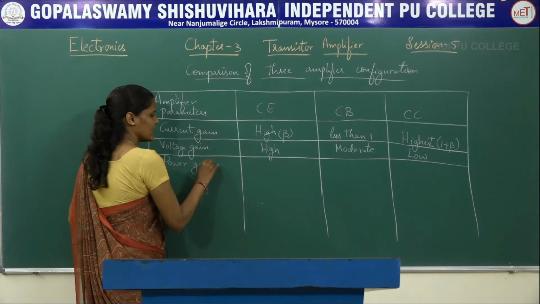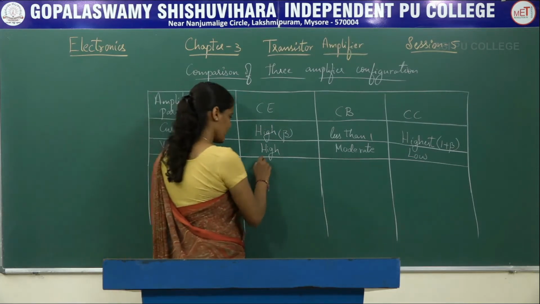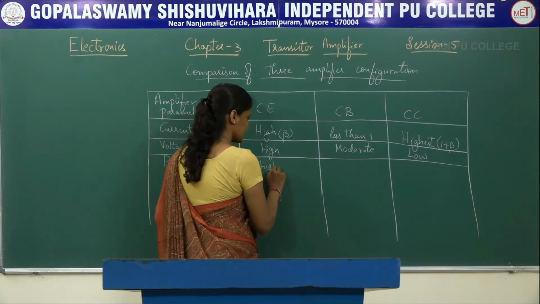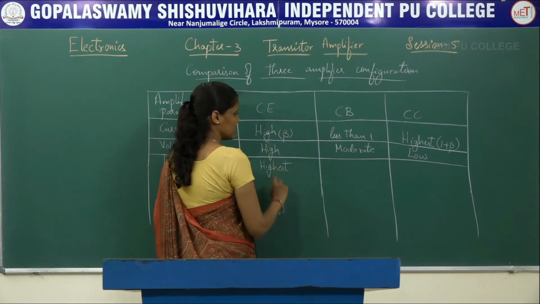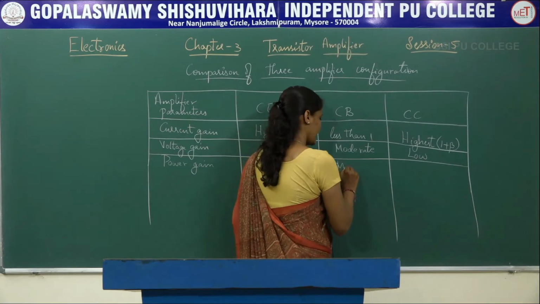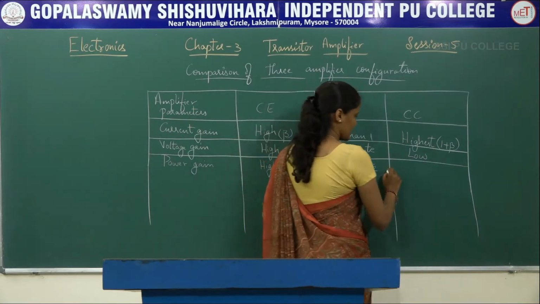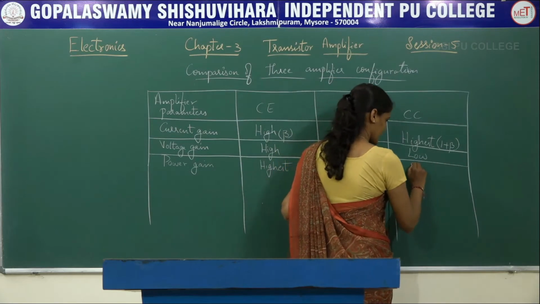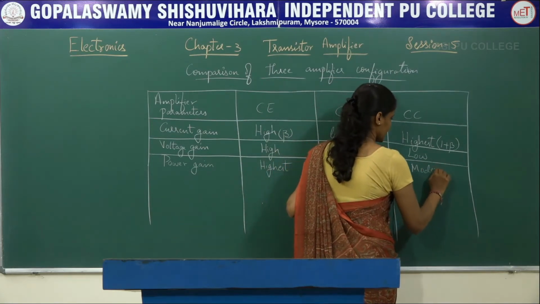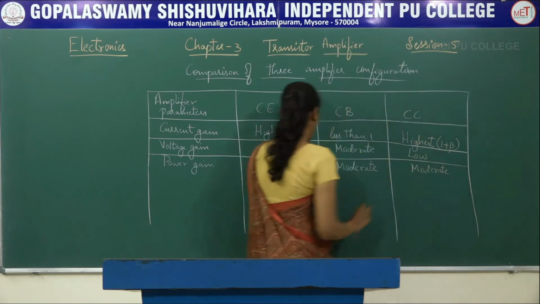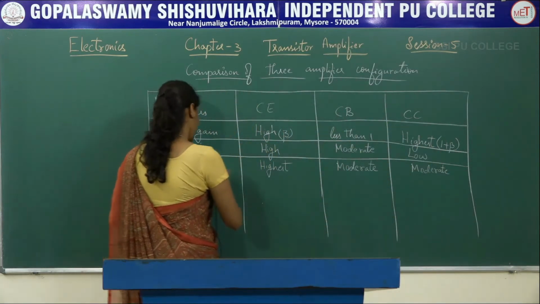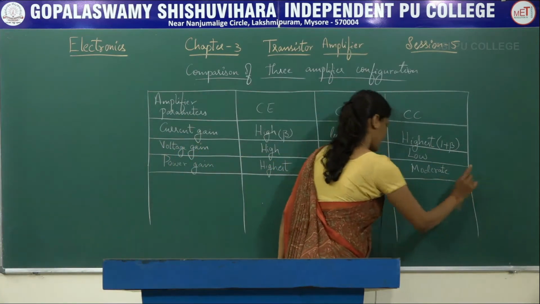The power gain in the common emitter configuration is the highest, and for the common base configuration it is moderate, and for the common collector configuration again it is moderate. So this is the power gain comparison.